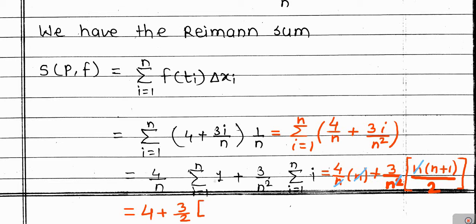So the remaining is simply 1 plus 1 by n. So it is 3 by 2 into 1 plus 1 by n, and this is our Riemann sum. Now we will take the limit of this Riemann sum as the norm of the partition tends to 0, meaning as n tends to infinity.